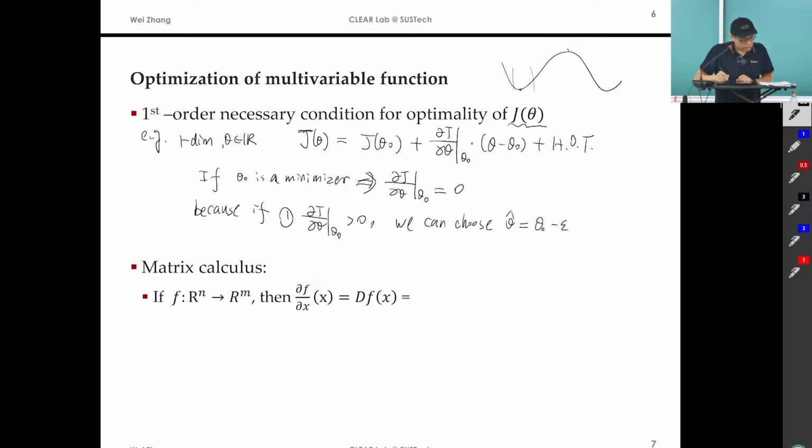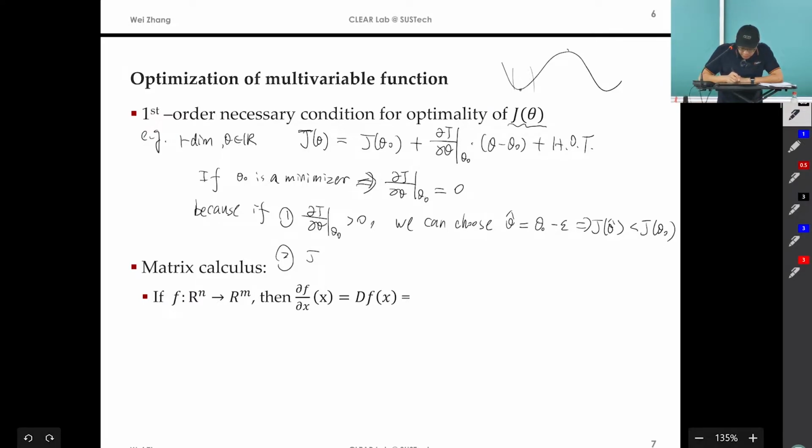So theta hat will be less than theta 0, and the change is a negative number, so J of theta hat is smaller than J of theta 0.